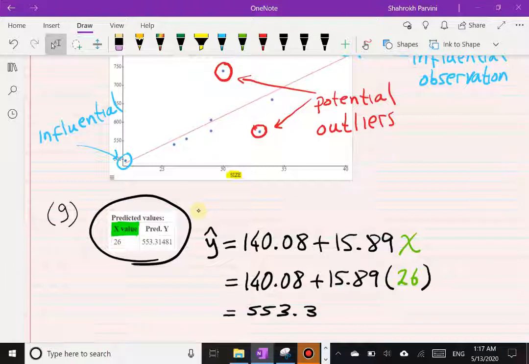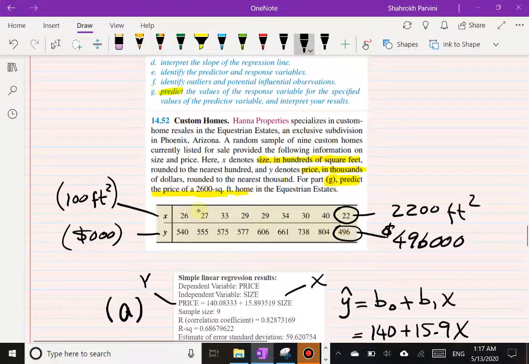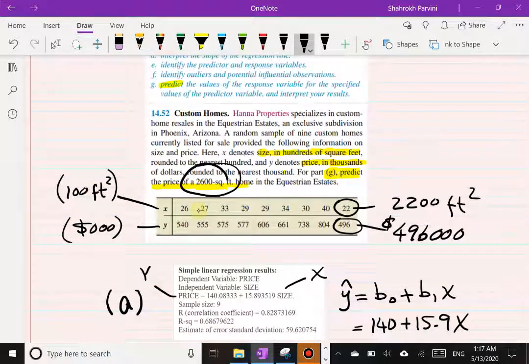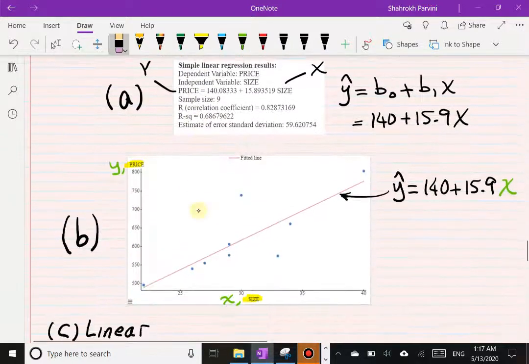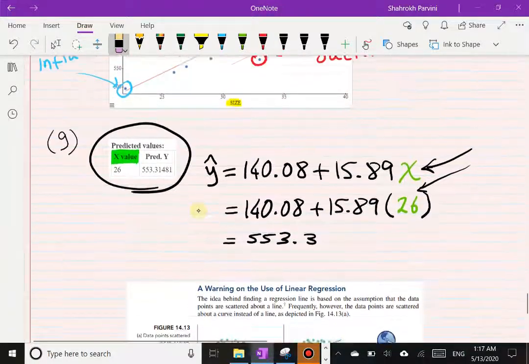So you go to your regression equation, and where it says x, you plug in the number. Now, in the statement of the problem, notice it says 2,600 square feet home. It doesn't say 26. But because the units on X are in 100 square feet, when you plug into your equation, you have to plug in 26.